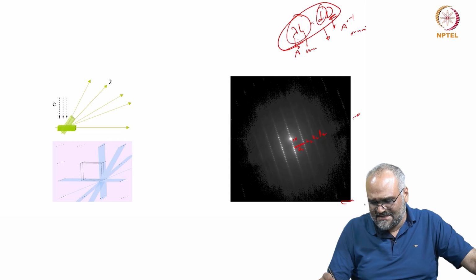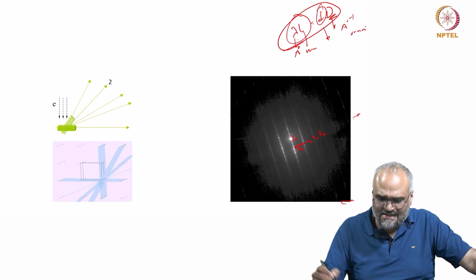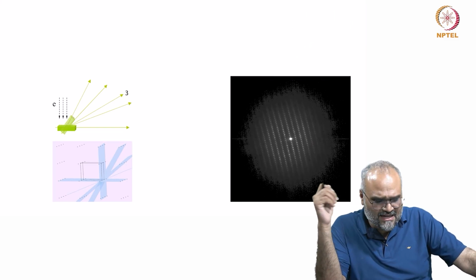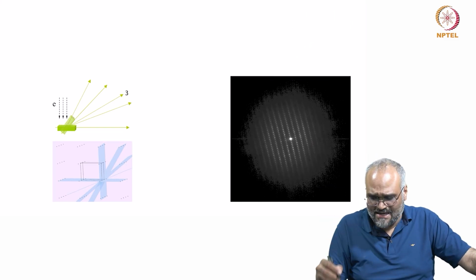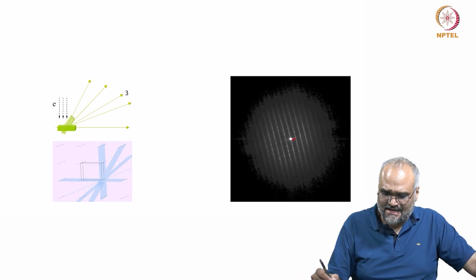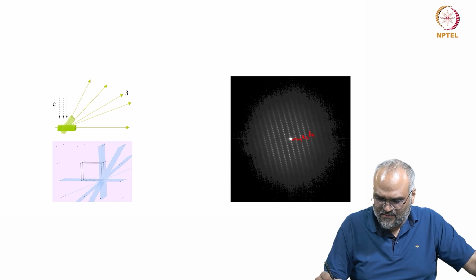You can use this as one set and keep it aside. Once you measure these D spacings and maintain the tilt axis common, I can go to another tilt and now I see that it has moved even closer. So, let us say I now get H3, K3 and L3 values from this.